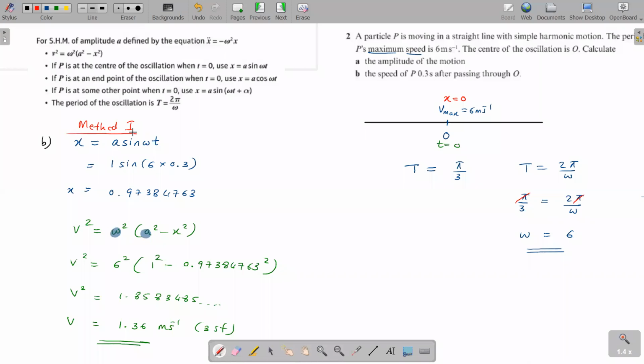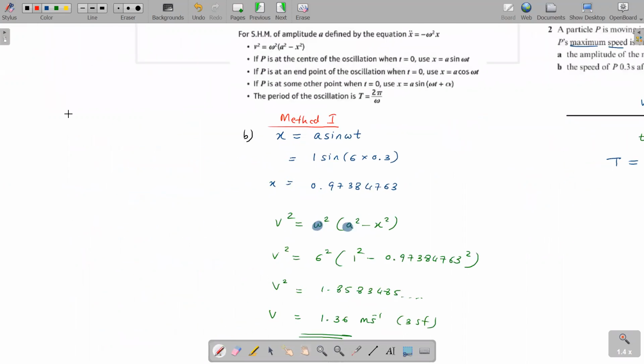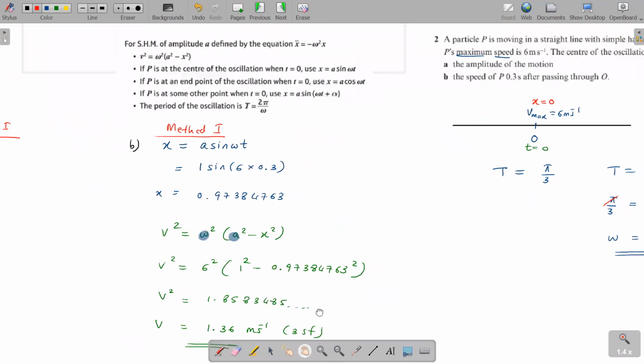I have a second method also to show you how to find the speed at time 0.3 seconds. In method 2, I want to find the speed directly.